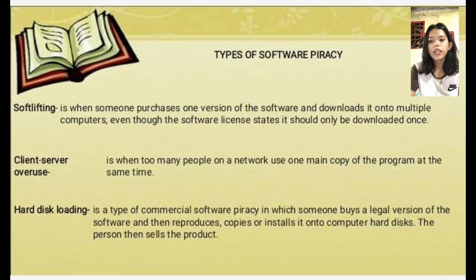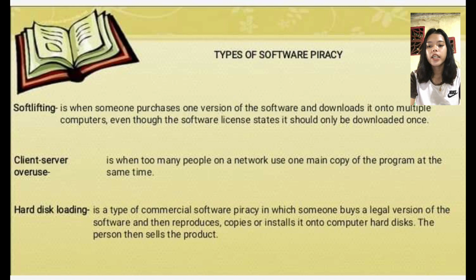Client-server overuse. Client-server overuse is when too many people on a network use one main copy of the program at the same time. This happens when businesses are on a local area network and download the software for all employees to use. This becomes a type of software piracy if the license doesn't entitle you to use it multiple times.